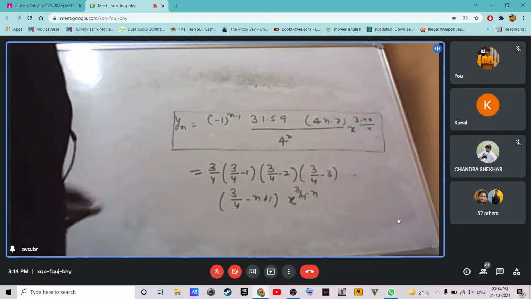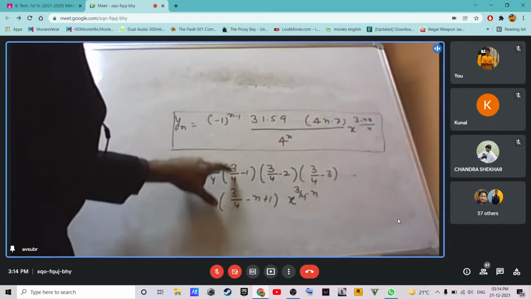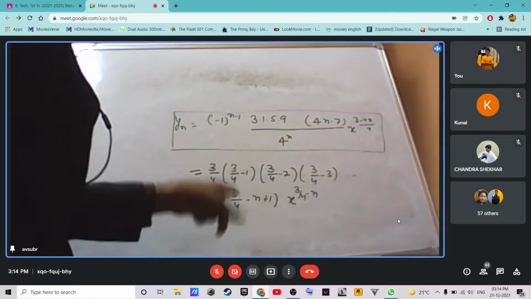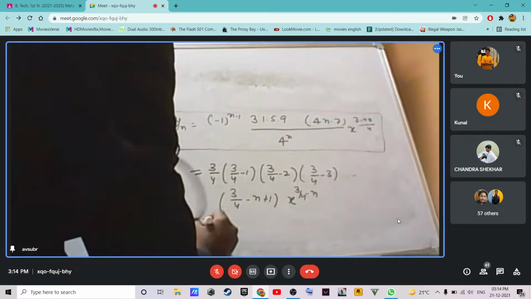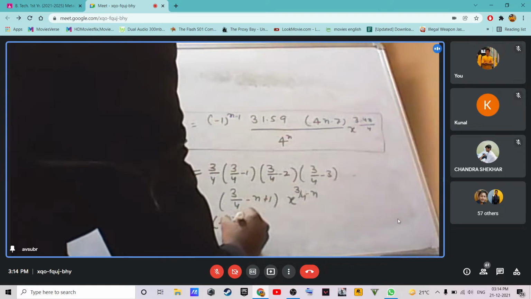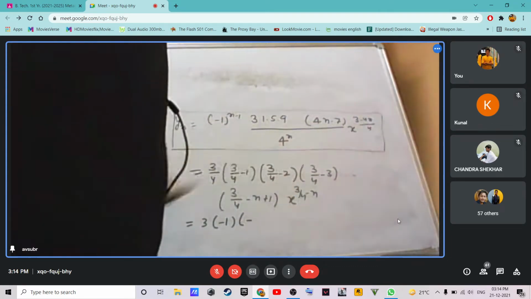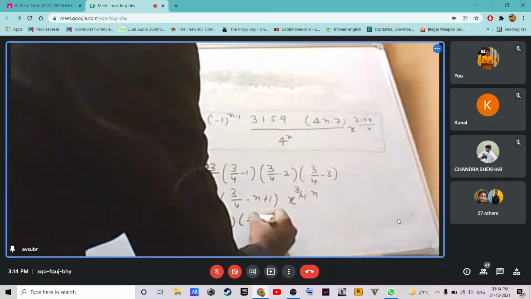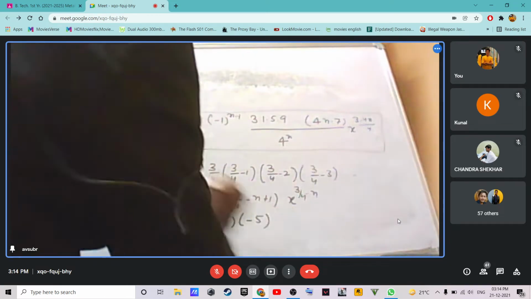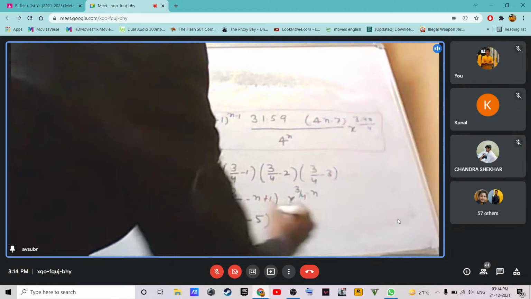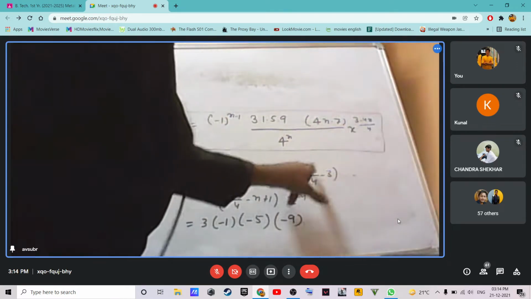This is what we got. Now 3 by 4 minus 1 gives us 3 into minus 1, into minus 5, into minus 9 from this.